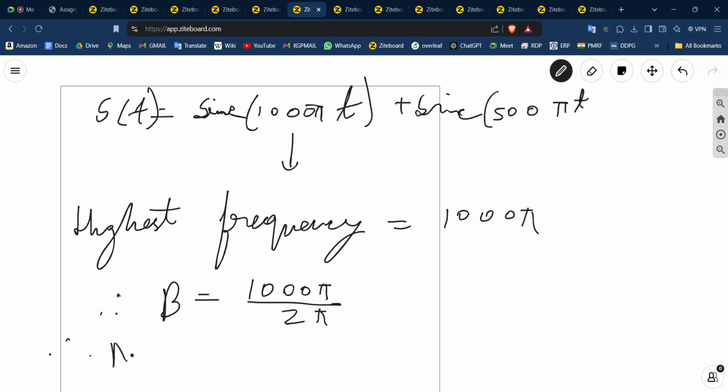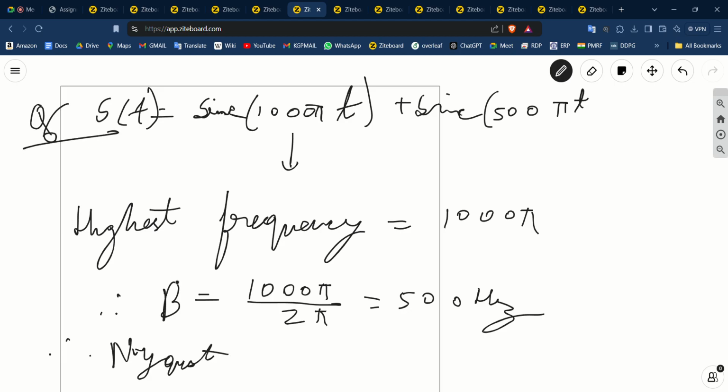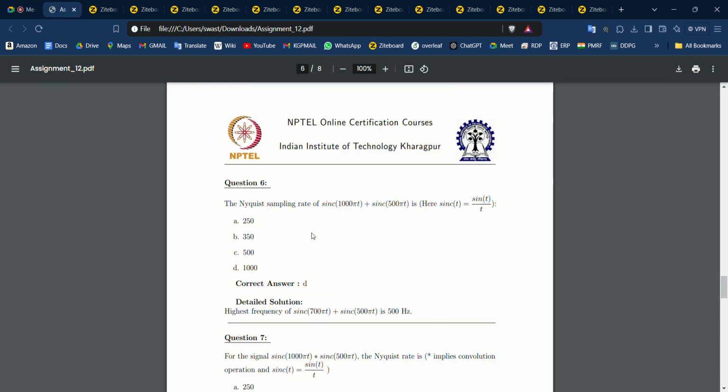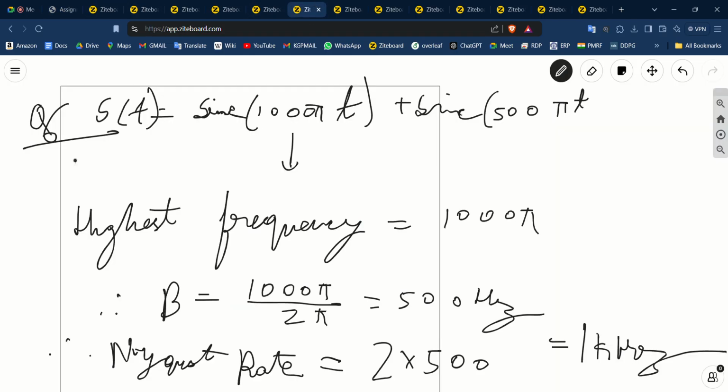Therefore, this is 500 hertz. Therefore, Nyquist rate will be 2 into 500, which is 1 kilohertz or 1000 hertz. So correct answer is D, 1 kilohertz or 1000 hertz.